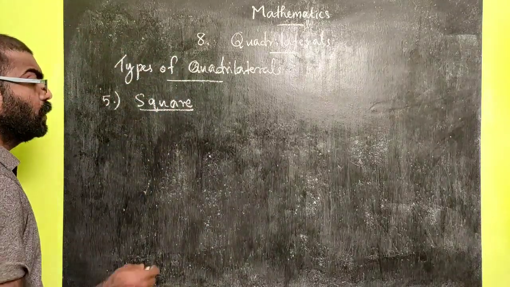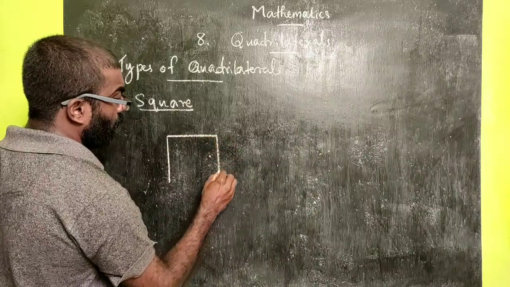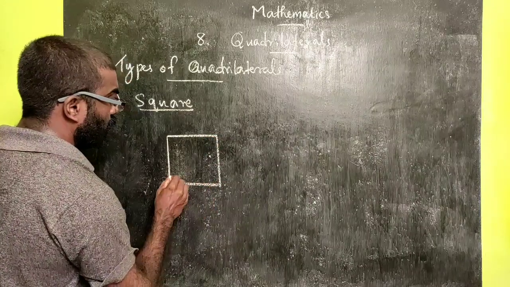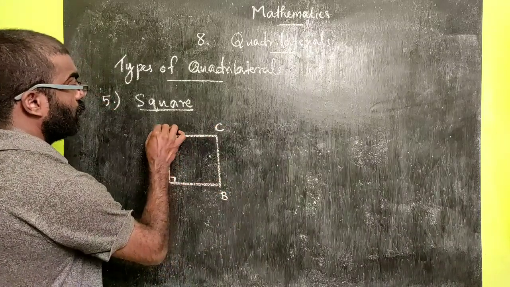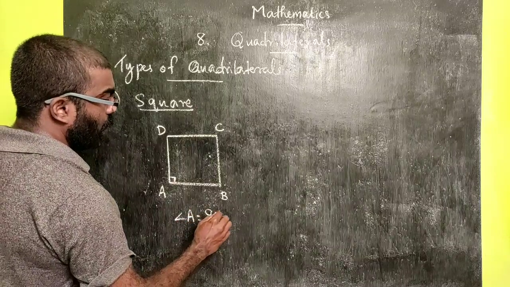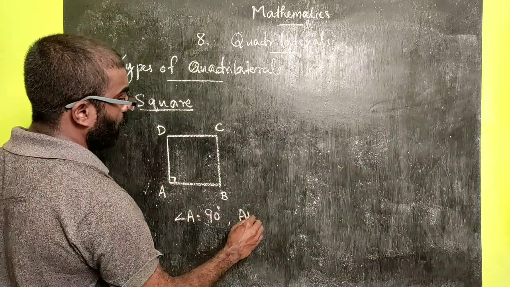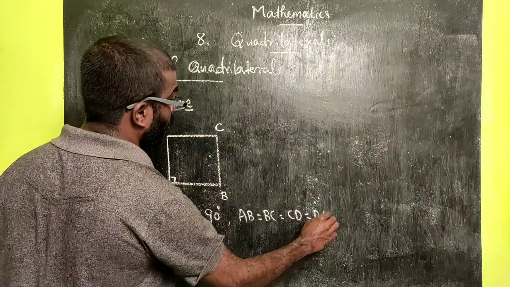Next one is a square. A square is also a special type of parallelogram with one angle 90 degrees and all four sides equal. Here the angle is 90 degrees and all four sides are equal. So we can write angle A equal to 90 degrees. Then AB equal to BC equal to CD equal to DA.